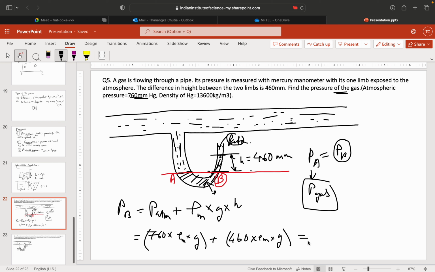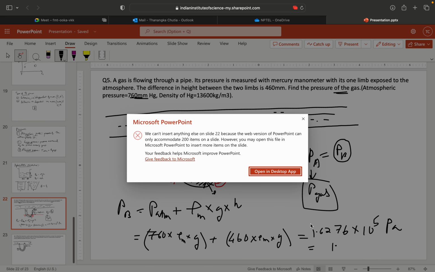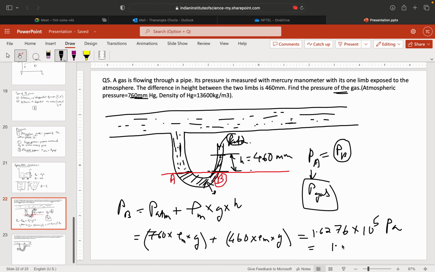So this will be around 1.6276 into 10 to the power 5 Pascal, and this one I can tell as 1.62.